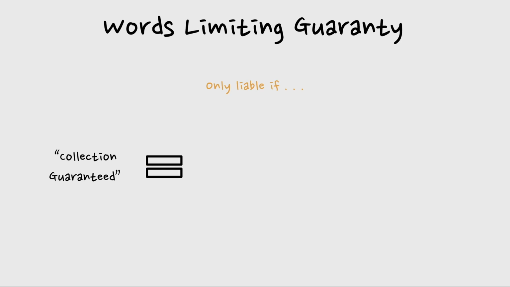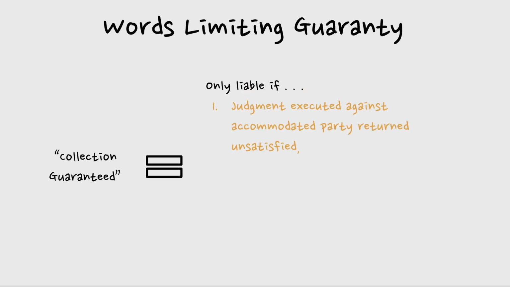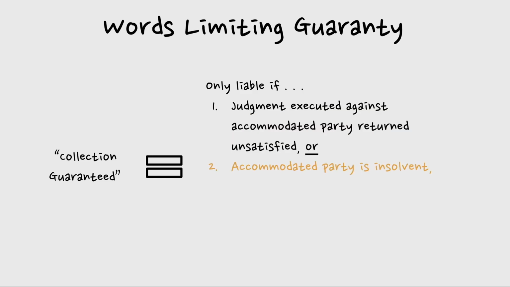It means that accommodation party is only liable if, and these are ors, we'll see these are ors, one possibility is they're liable if there's been a judgment executed against the accommodated party, Barb in our example, and it's returned unsatisfied, meaning they're not able to satisfy that judgment, and that's what you're guaranteeing, right? Is collection of the judgment.